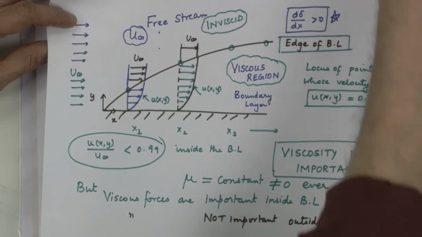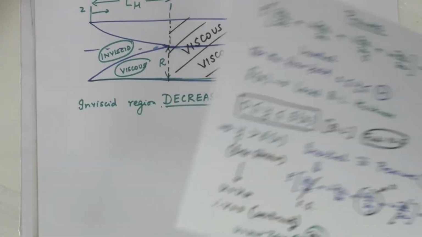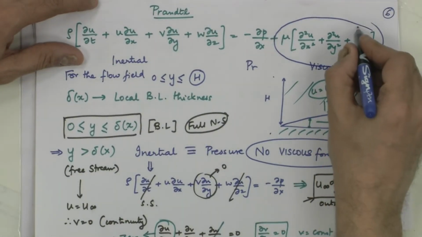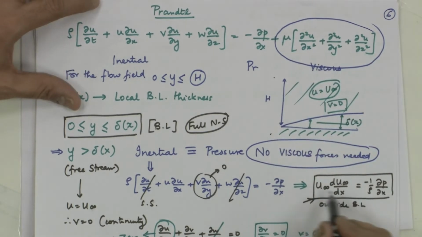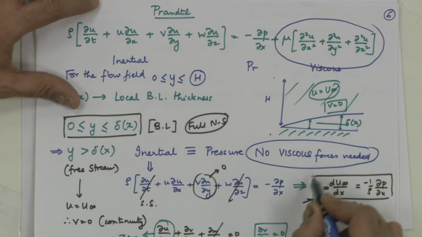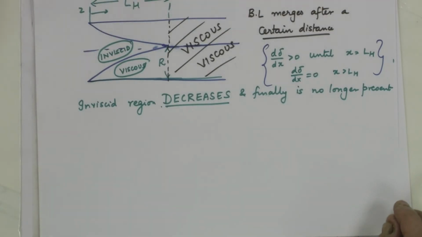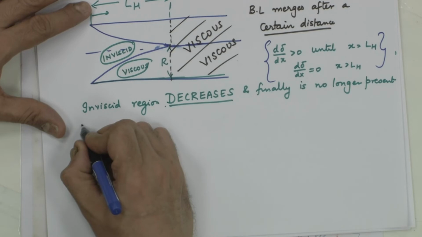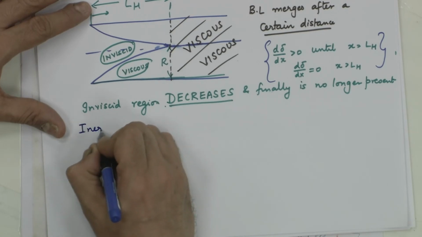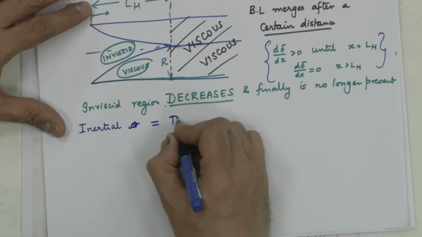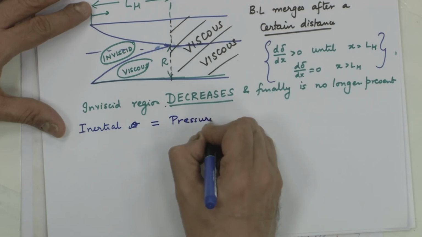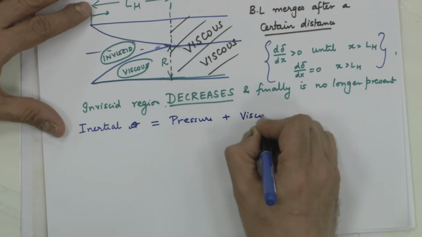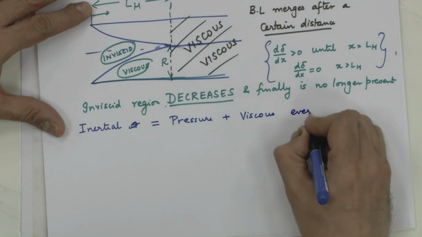All I want to tell you is, unlike here where I could drop off the viscous force terms outside the boundary layer, here I have to retain this. So, inertial is equal to pressure plus viscous, everywhere.